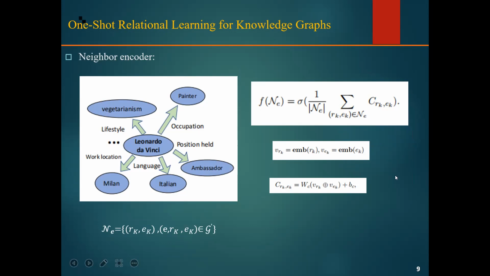To encode this, for every tuple like r_k and e_k, we first use an embedding layer with the dimension of the embeddings we use, and we get a vector representation of the relation and the entity. Then we apply a feed-forward layer, so we can encode the interaction within this tuple.